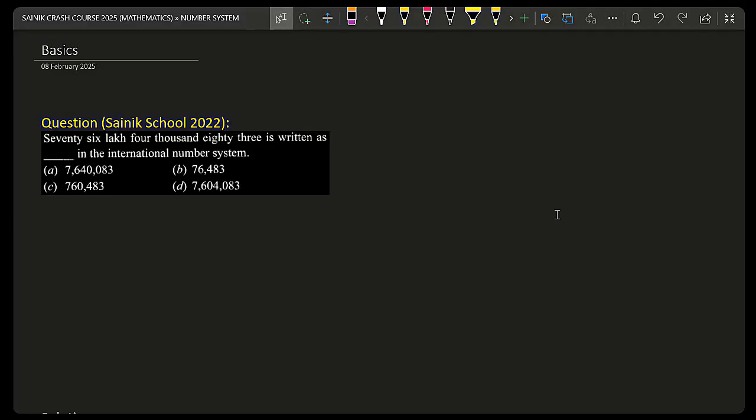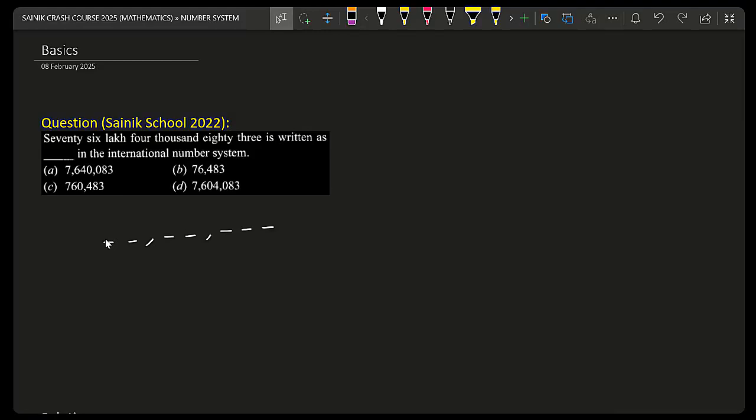In the international number system, do you have lakhs? No, sir. Are lakhs there in the Indian system or the international system? Indian system. First, let us write this in the Indian system. In the Indian system, up to the lakhs period, let us use blanks: ones, tens, hundreds, thousands, 10,000s, lakhs, 10 lakhs.